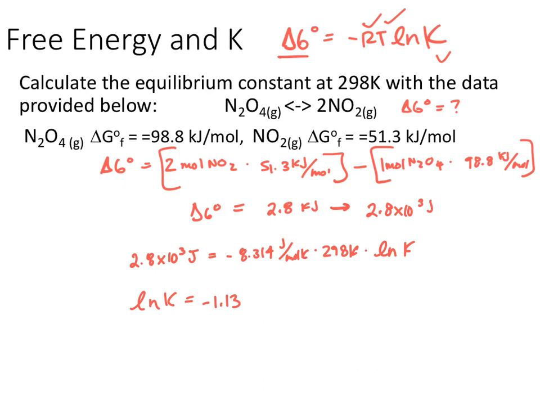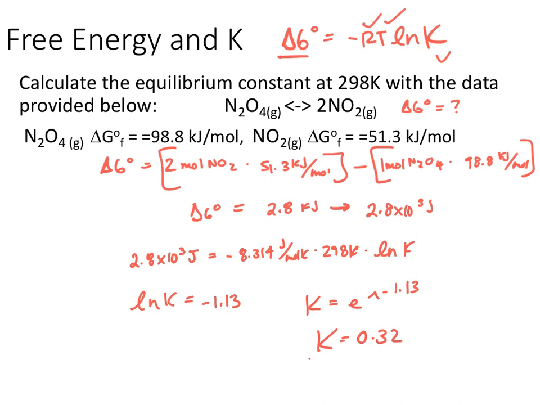Okay, and if we take the natural log of both sides, we're going to have K equals e to the negative 1.13. Okay, and then if we solve this in our calculator, K is going to equal 0.32.